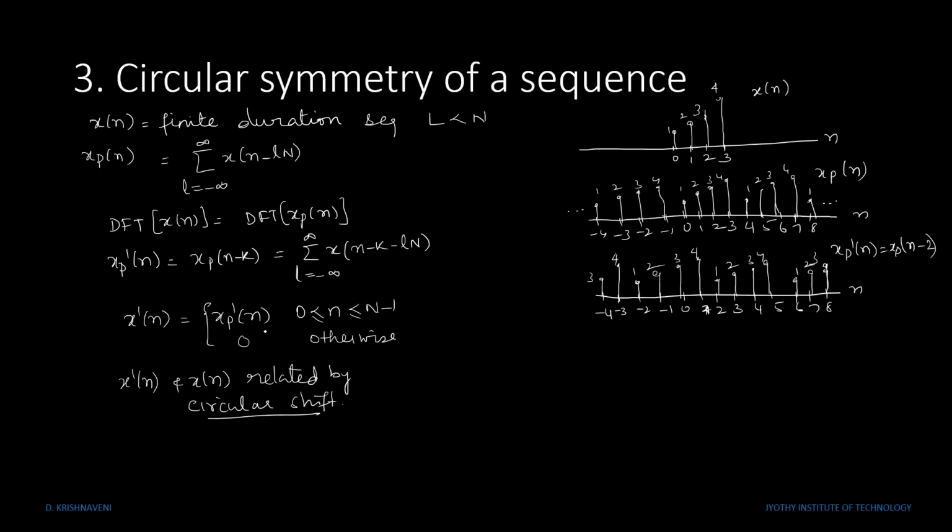Now what we are doing is we are taking 0 to N minus 1. N is here, 4 samples are there. So 0 to 3 we are taking the samples and taking it as x dash of n. So n is equal to 0 to 3.